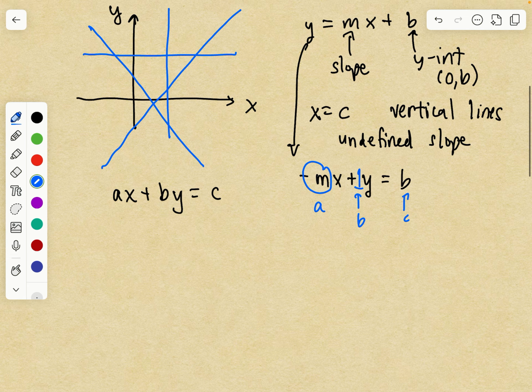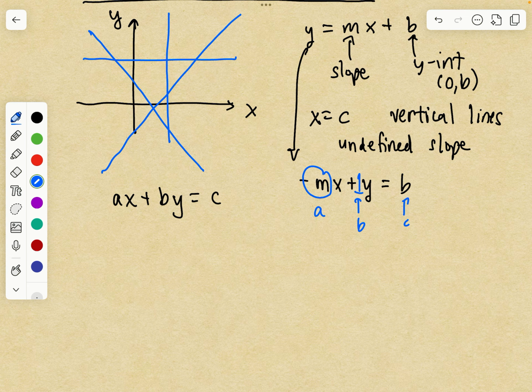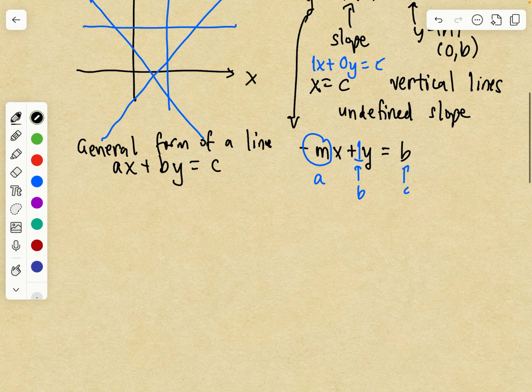And if you have x equals c, that's just 1x plus 0y equals c. So this is the general form of a line, ax plus by equals c. That covers all the possible lines.